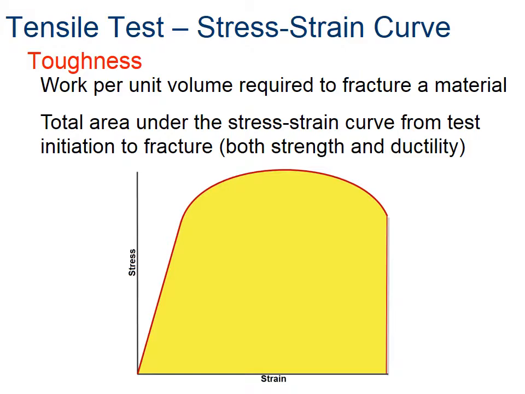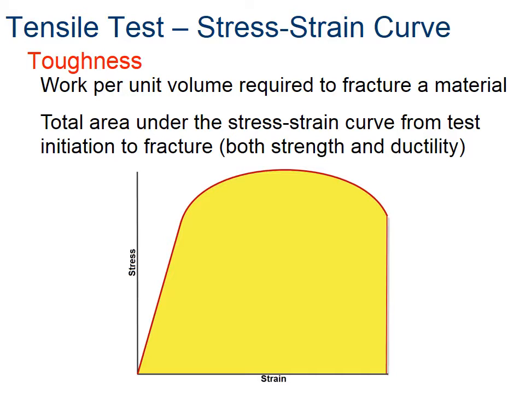Another cool thing we can get from the stress strain curve is something called toughness. It's the area under the stress strain curve, and it's technically defined as the work per unit volume required to fracture the material.